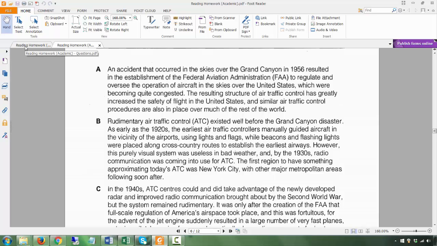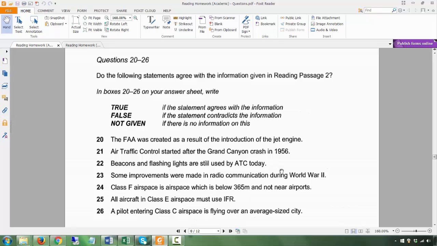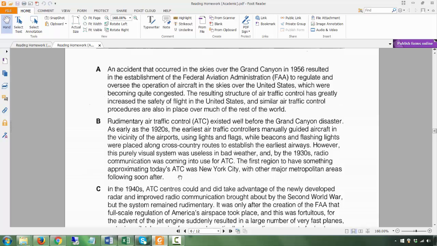But does it say that it is not used? Sorry, let me correct myself. Does it say it is used today, or not used today? Actually, it doesn't say that it's used. It doesn't say it's not used.